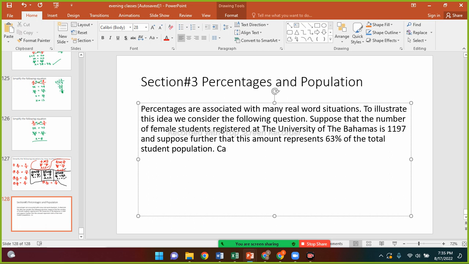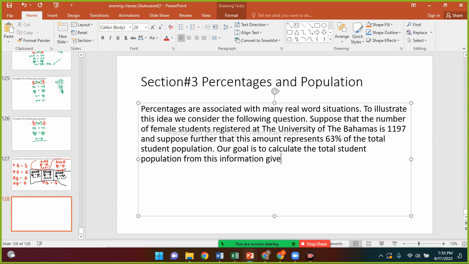Our goal is to calculate the total student population from this information given. But how?